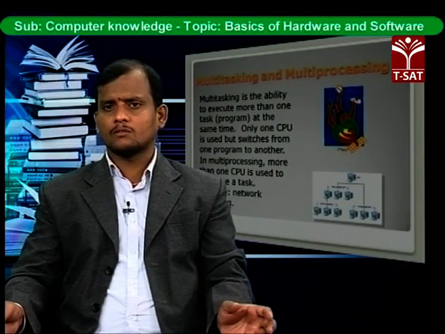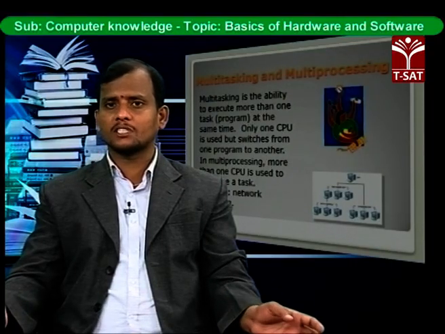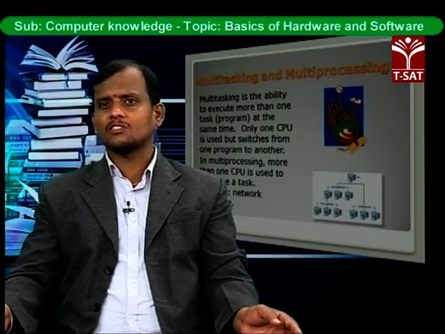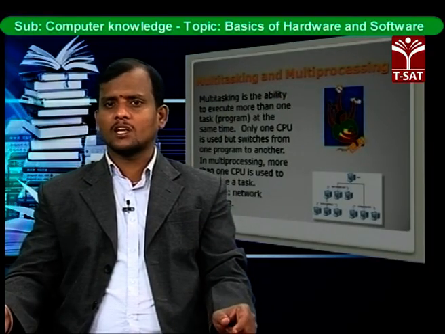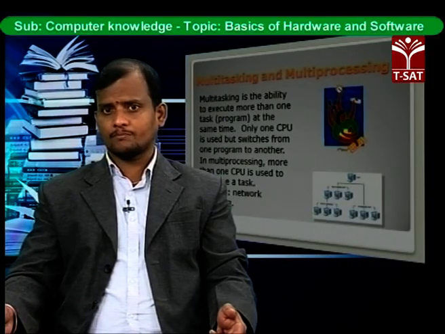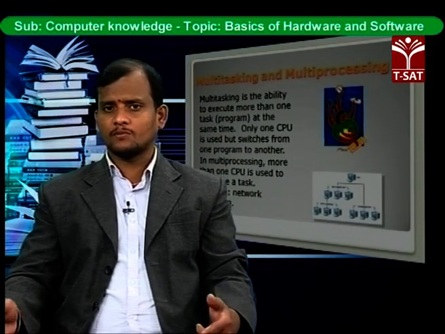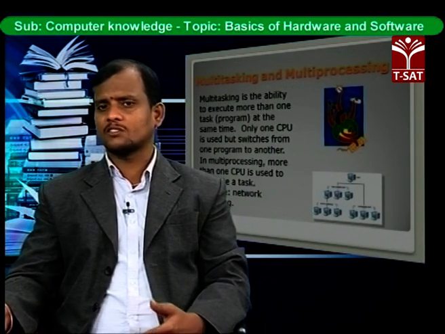So multiple CPUs are working together. That's why it's called multiprocessing. Processing is a terminology related to the CPU. So one process, one CPU. If there are multiple processes, then multiple CPUs. That is called multiprocessing.